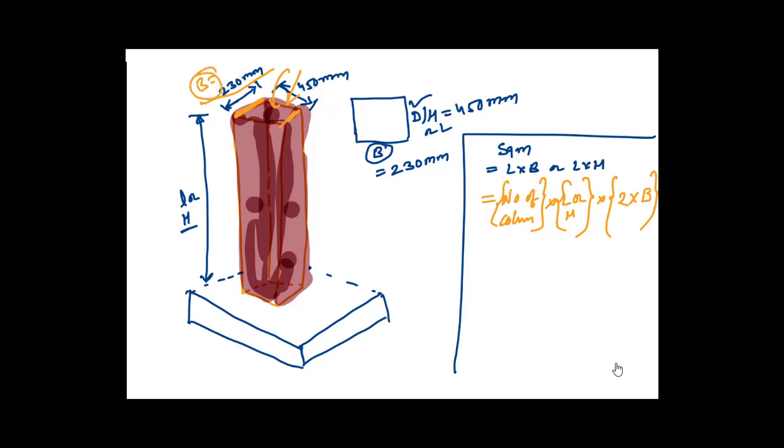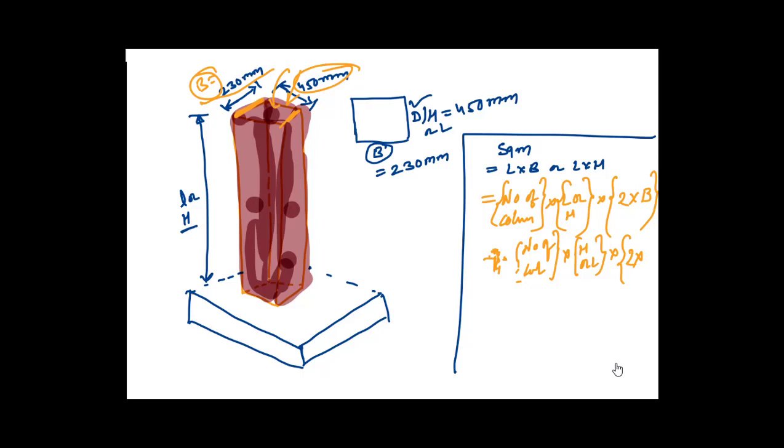Then next, plus there are other 2 sides. Number of columns multiplied with the height will be the same for the other 2 sides also, that is height or L, this notation is left to you guys, multiplied with 2 times this dimension.